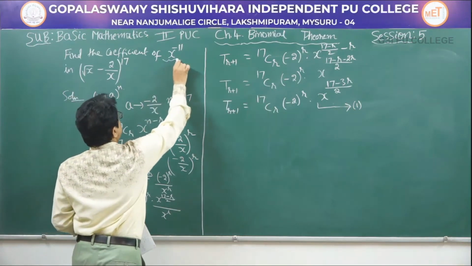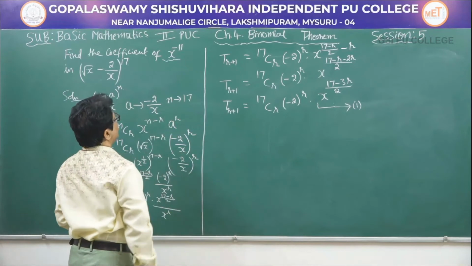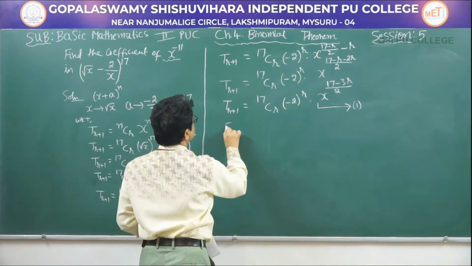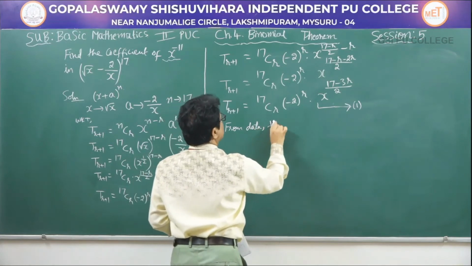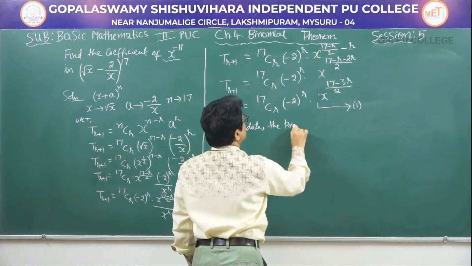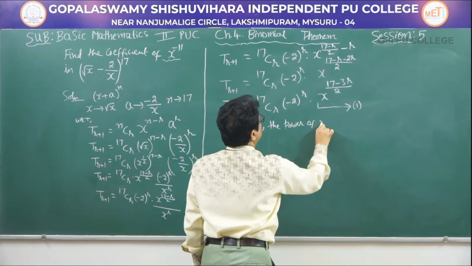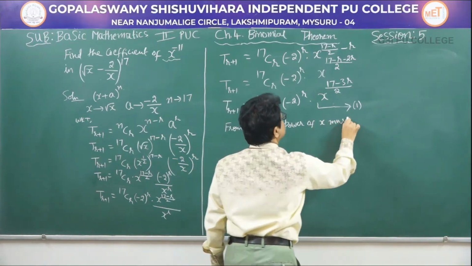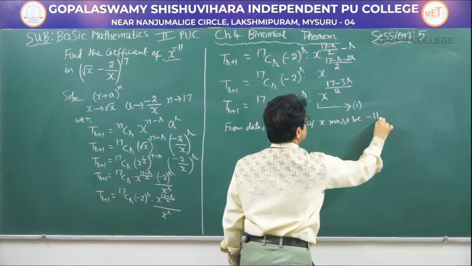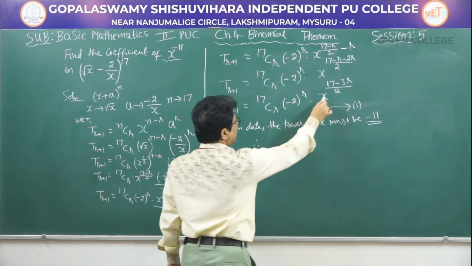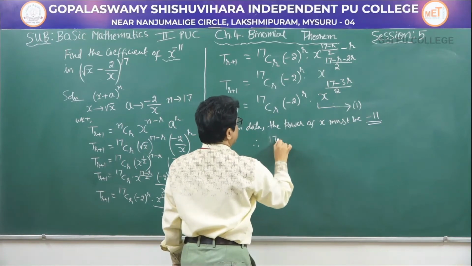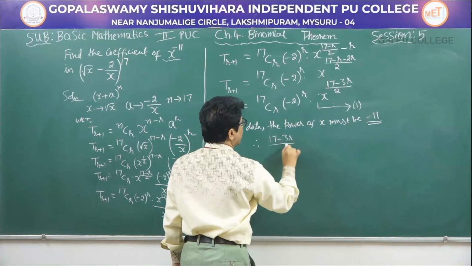From data, the power of x must be minus 11. Therefore, here the power of x is (17 minus 3r) by 2.